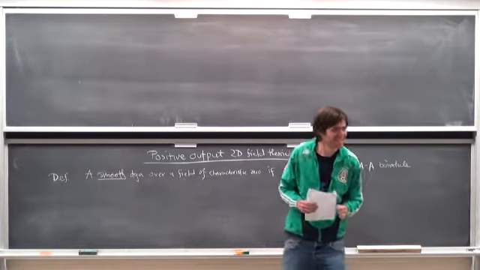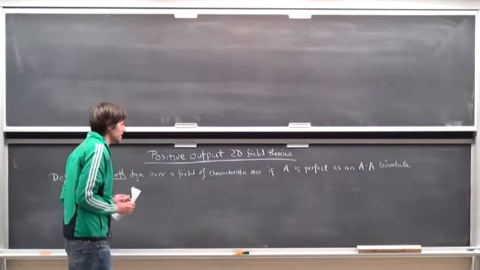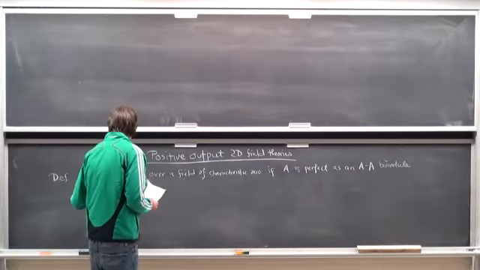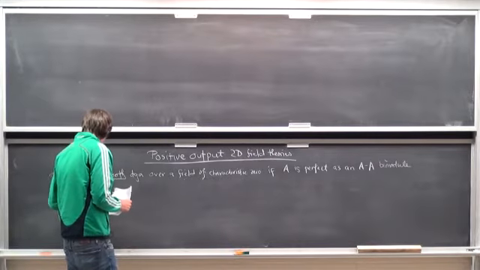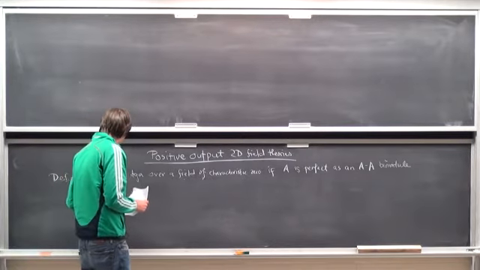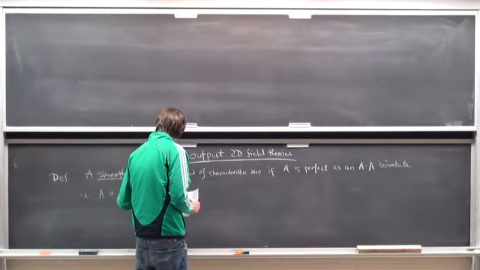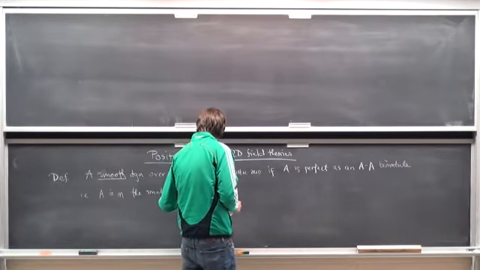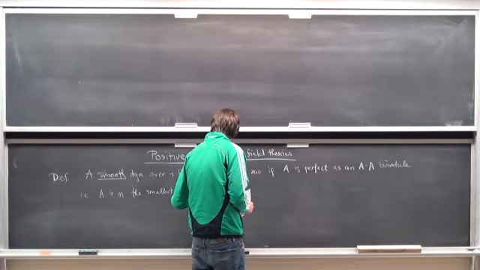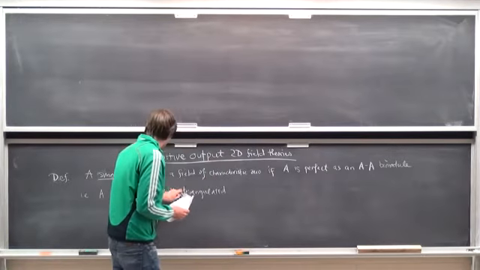By perfect as an AA bimodule, that means A is in the smallest triangulated category. So idempotent.